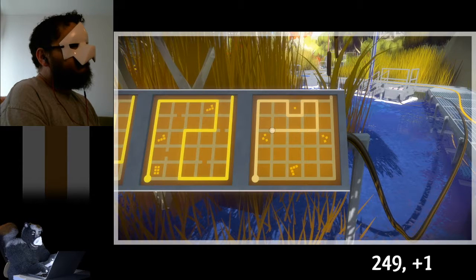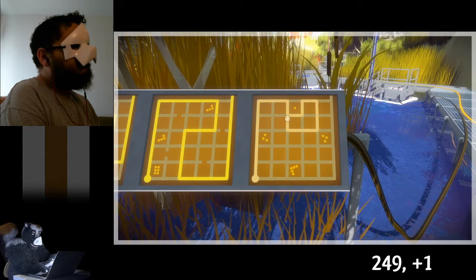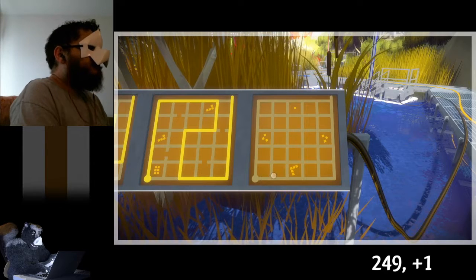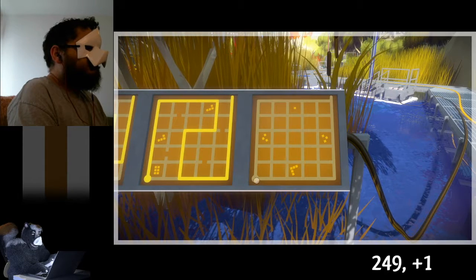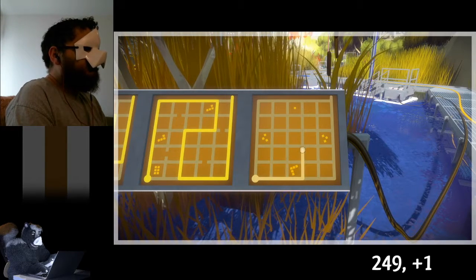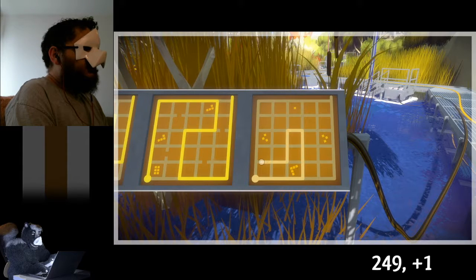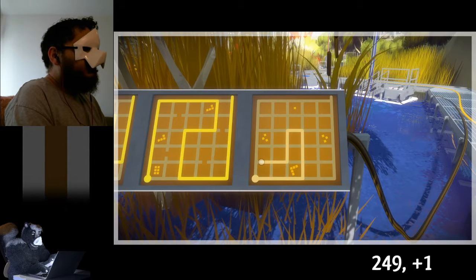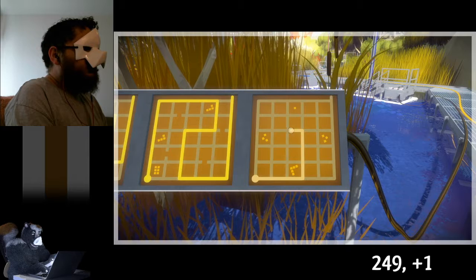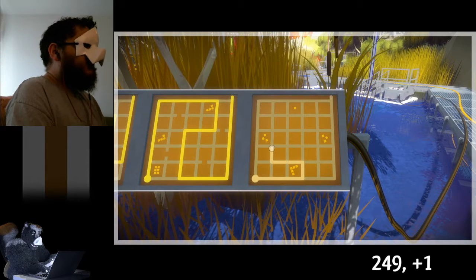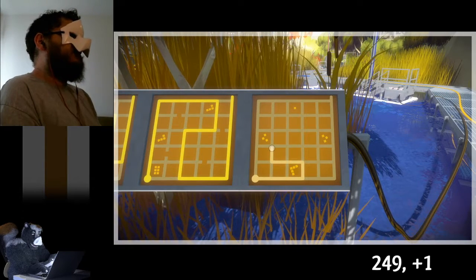Hmm. Alright, middle block cannot do that with it. Can do this with it.